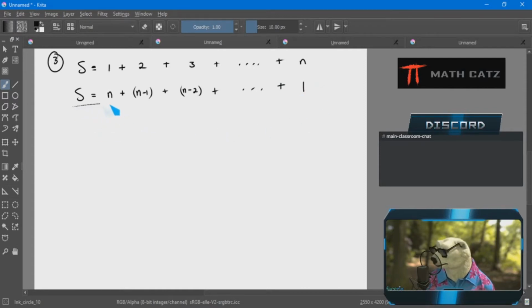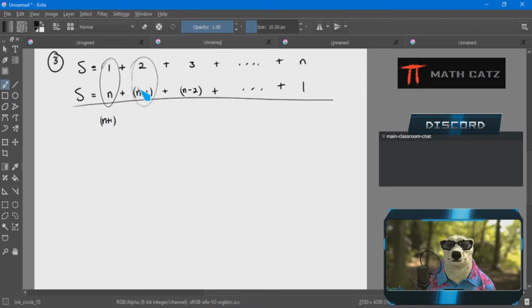Then my strategy was to pair them up. The first ones in line will be 1 plus whatever n's value is, will be n plus 1. Then I pair up the next couple. 2 plus n minus 1 will also be n plus 1. The next pair also be n plus 1. Next pair also be n plus 1.